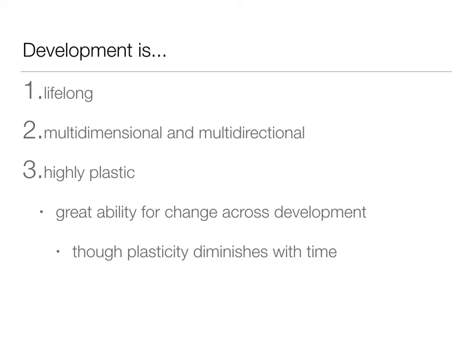We see a lot more plasticity in infancy than in early childhood, a lot more in early childhood than in adolescence, a lot more in adolescence than in adulthood, and a lot more in early adulthood than in late adulthood. All of those periods have plasticity. It's just that we have differing levels of plasticity across time.